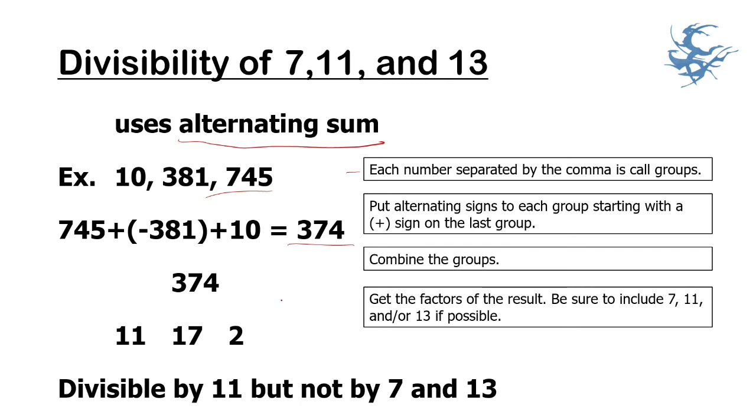Then, we're gonna get the factors of the result. Be sure lang na i-include mo yung 7, 11, or 13 kung posible lang. Now, 374, ang factors niya is 11, 17, and 2. Okay, since nakita natin dito ang 11, hence, divisible siya by 11. Pero hindi siya divisible by 7 and 13, by 11 lang. Okay?